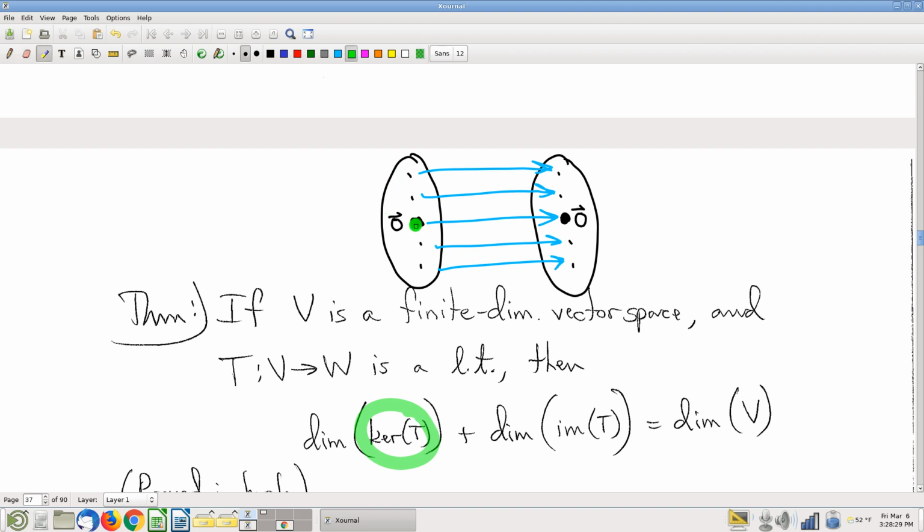So it's just the 0 vector that lands on the 0 vector in this perfect pairing linear transformation. Okay, so what is the dimension of a subspace consisting of just the 0 vector? Well, it doesn't have even so much as one dimension to it. It is 0 dimensional. So the dimension of this kernel is 0.